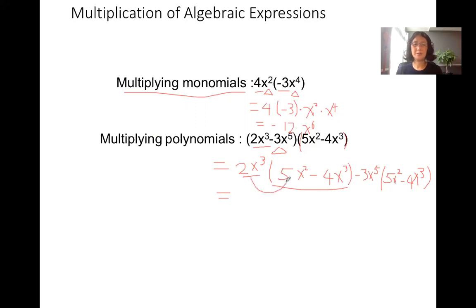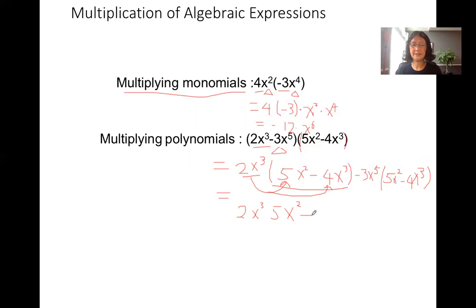And you multiply each item, so 2x cubed multiplied by 5x squared. I'll do slow, 2x cubed multiply 5x squared, and then you do 2x cubed multiplied by negative 4x cubed.